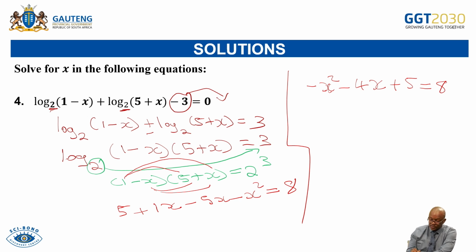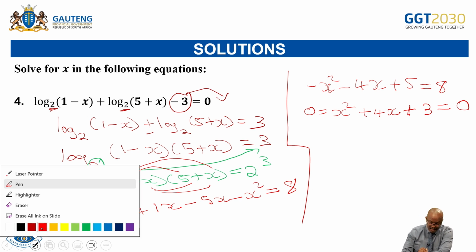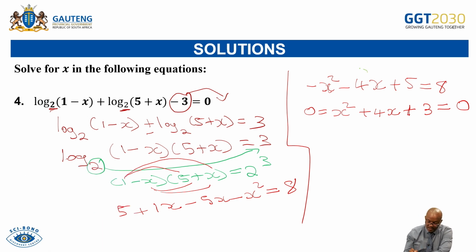So if I want to put it properly, I can say 0 is equal to x squared plus 4x plus 3. So basically what I've done there, I just took everything from the left-hand side to the right-hand side. That's what I've basically done there.